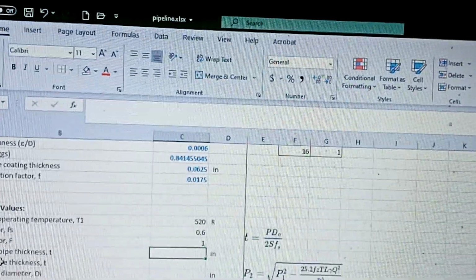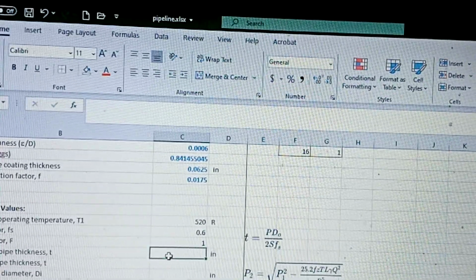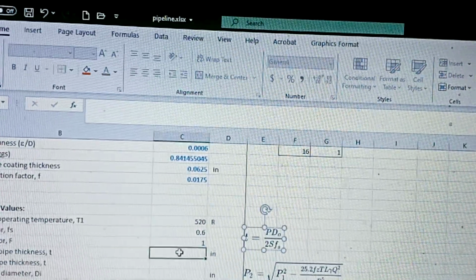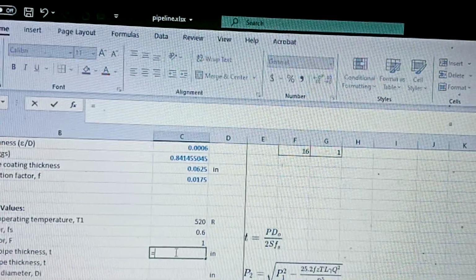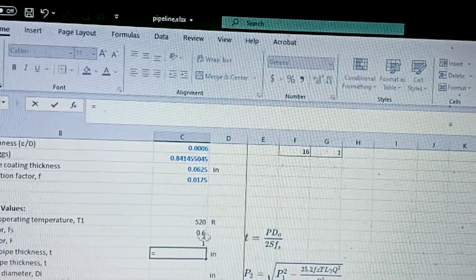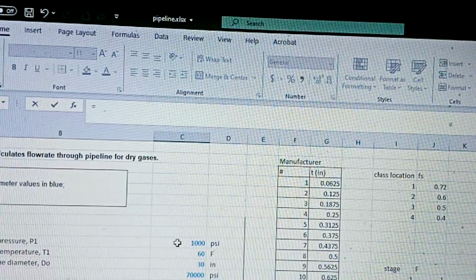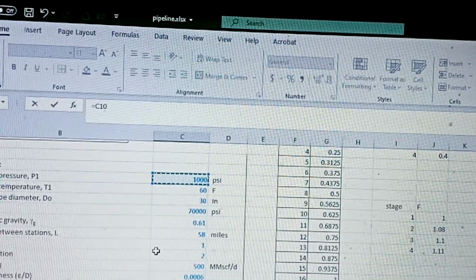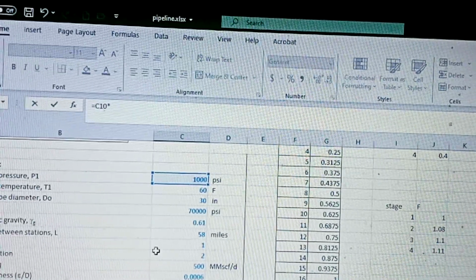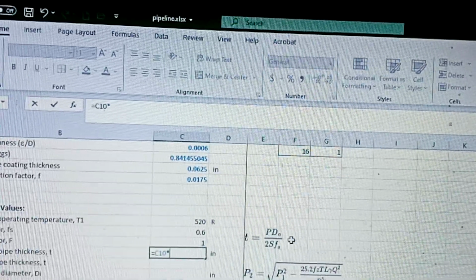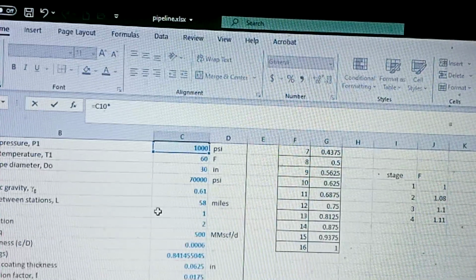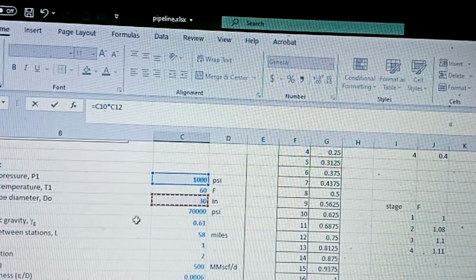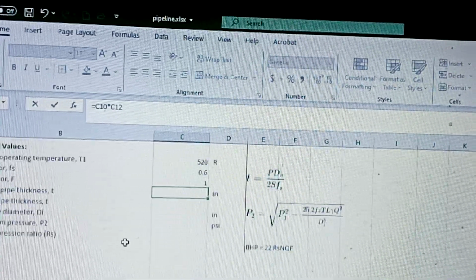Now the next thing here is what? They calculate the pipe thickness, calculated pipe thickness. So we're going to use this formula here. So let's put the formula equals the pressure, which is 1000. I click on that. Multiply by what? The outside diameter, which is 30 inches, which is here.